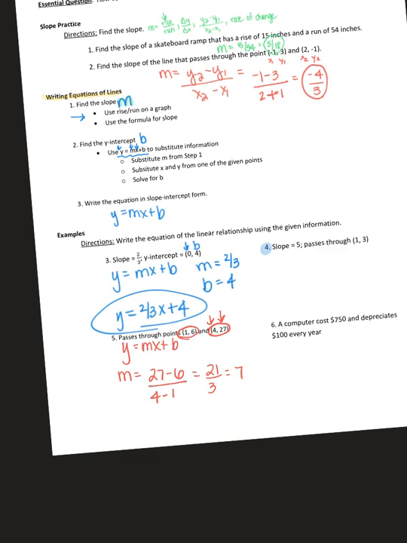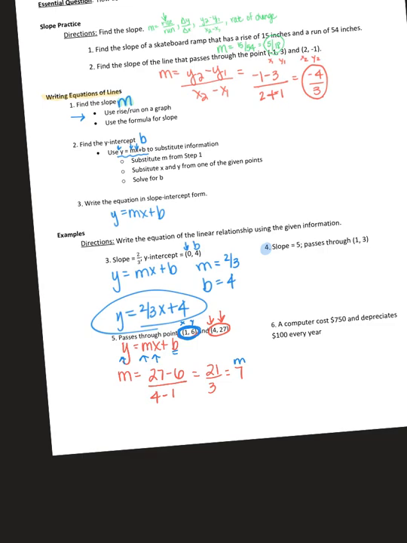So now to solve for b, I don't have b, but I do have a y, and I do have an m, and I do have an x. So I'm going to use this first point (1, 6), and I'm going to substitute in an x and a y, and I'm going to substitute in 7 for m.